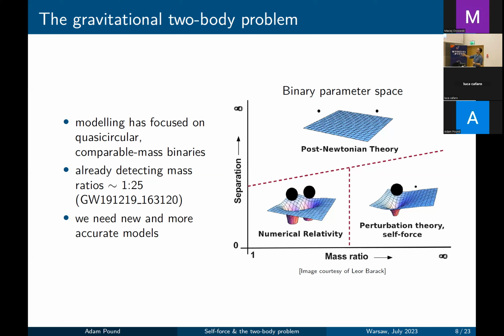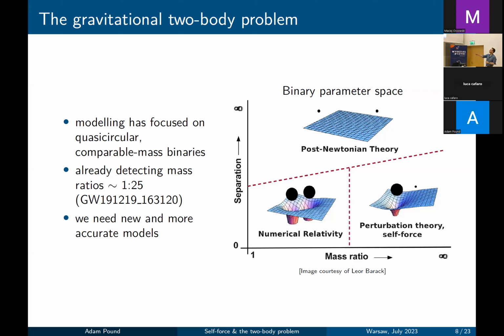The signals we currently see are over here, where the two objects are roughly the same size. In the distant past, they were very weak field. They gradually get closer and closer through gravitational wave emission until they get into the regime of numerical relativity, where post-Newtonian theory is not sufficiently accurate.